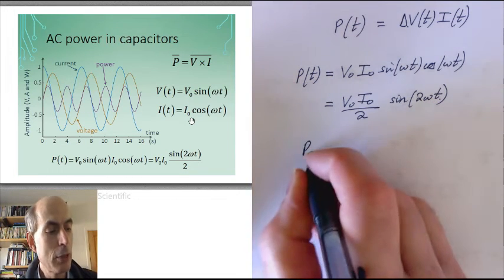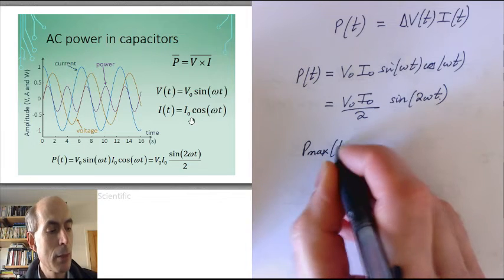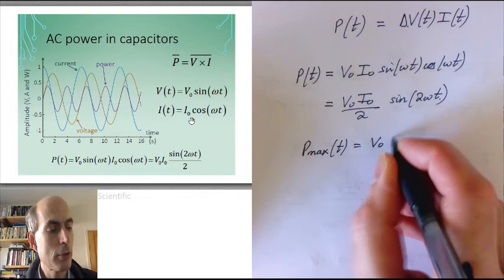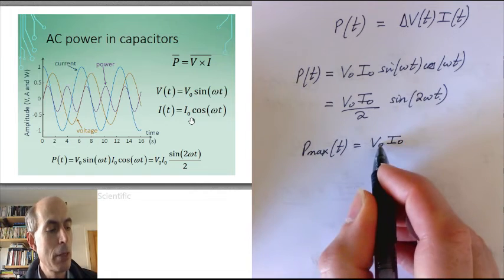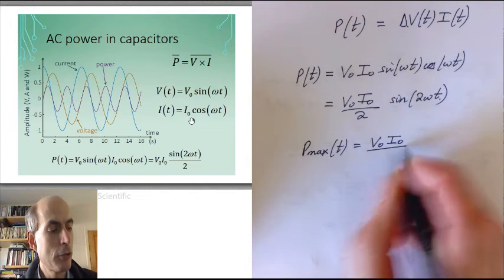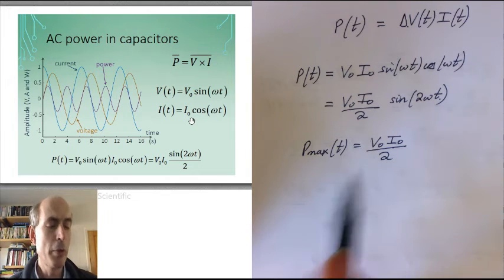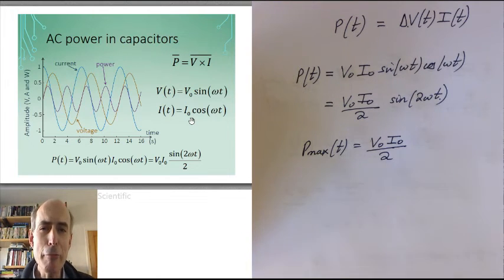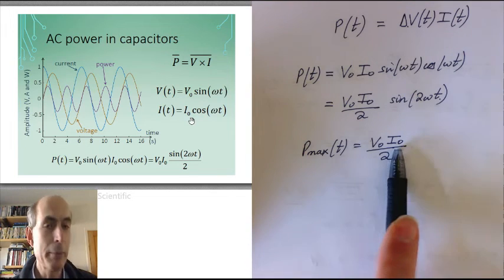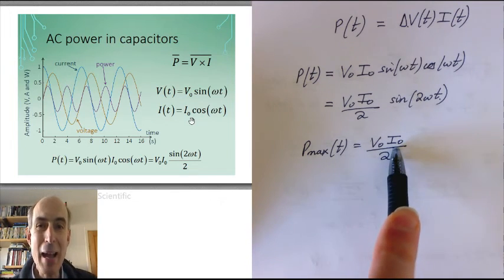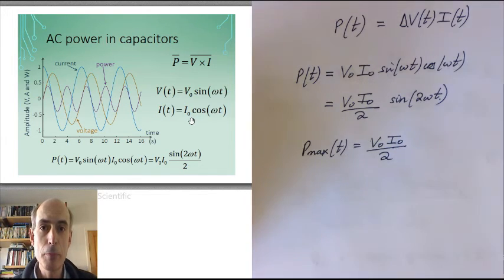The maximum instantaneous power is therefore the voltage amplitude times the current amplitude divided by 2. It's very similar to the formula that we had for the average power being dissipated by a resistor. But this time, this is the maximum power that is being either stored or returned to the circuit from the capacitor.